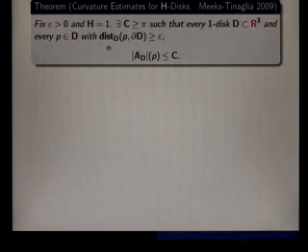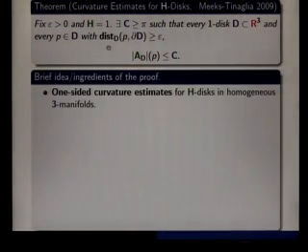OK, and how is this proved? Well, there's a famous one-sided curvature estimate for minimal disks by Colding-Minicozzi. And we found a very nice way of generalizing that without doing all the estimates all over again. There's a lot of theory that's been done in the last few years. Using that theory, you can prove similar one-sided curvature estimates, at least in homogeneous 3-manifolds, like R3.